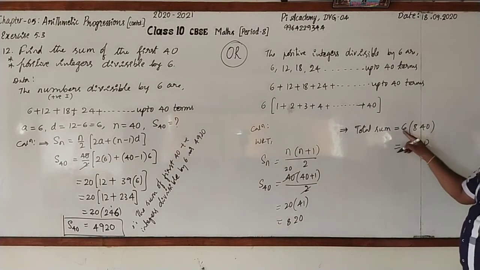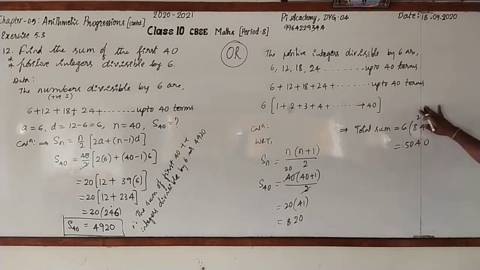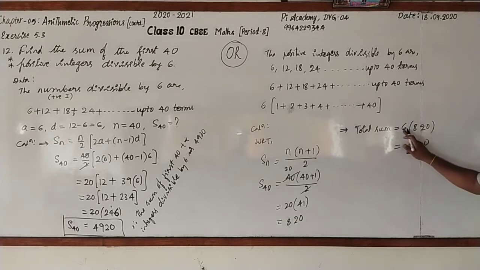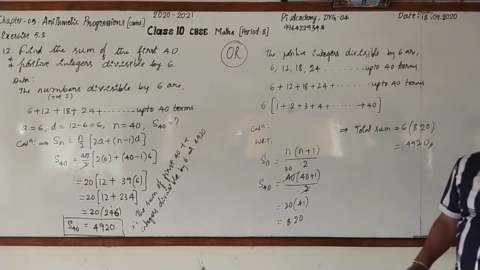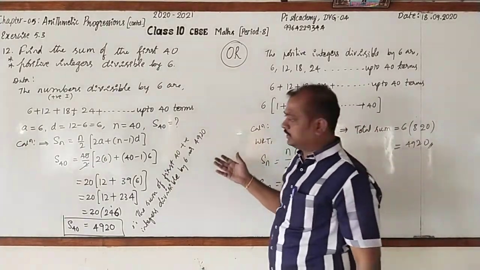It is 0. 6 twos are 12, carry 1. 6 eights are 48 plus 1, 49. 4920. Same. So whichever the method you feel comfortable, you can go for that.